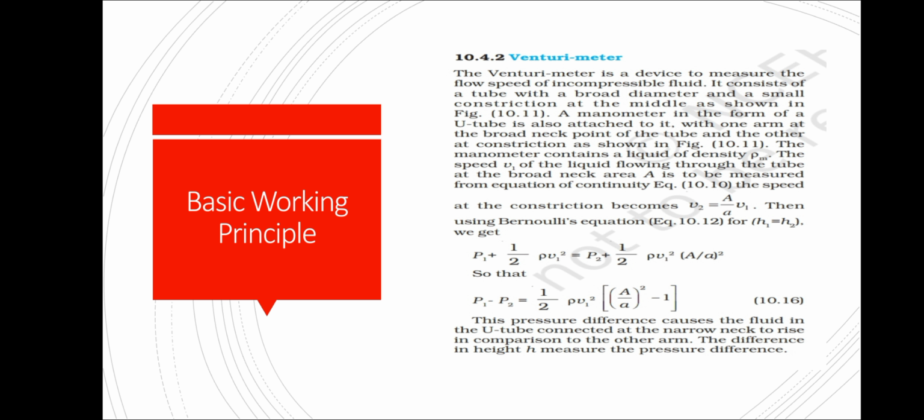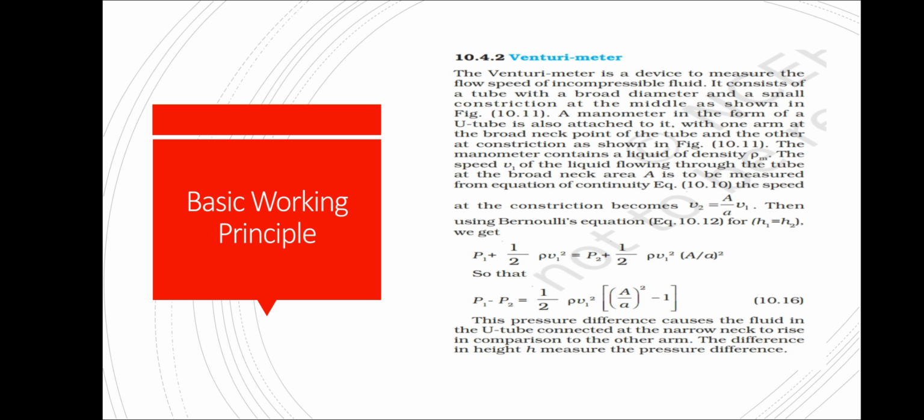Now by Bernoulli's equation we can find another relation when h1 equals h2, that is, the height of the first area and the height of the second area are the same. Then we can derive the second equation: p plus half rho v squared plus rho g h is constant, by Bernoulli's principle.